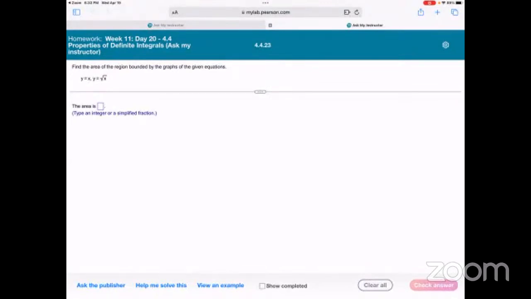So then I want to say the square root of x is going to be above y equals x. For instance, when x is 1/2, y is 1/2. But the square root of 1/2. Oh, wait a minute.